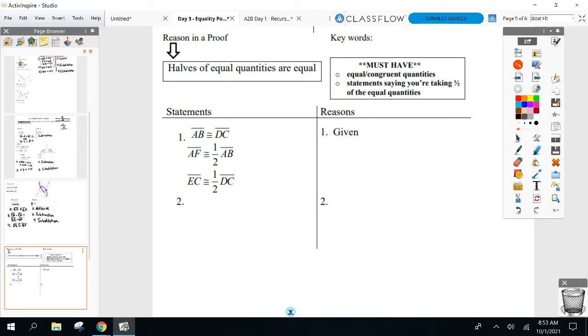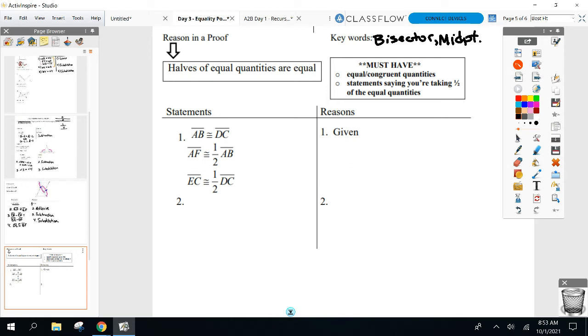Yes. Bisector. Good. If I see the word bisector, something's being cut in half. And I'm looking for one more. Grace? Midpoint. You see those two in a proof? Oh, we're doing halves of equal quantities probably, because we're about to take half of something.